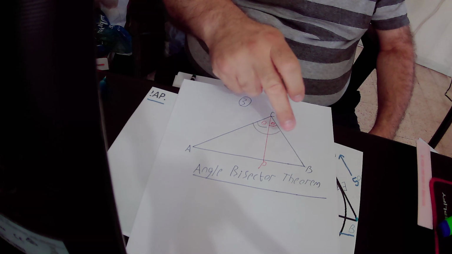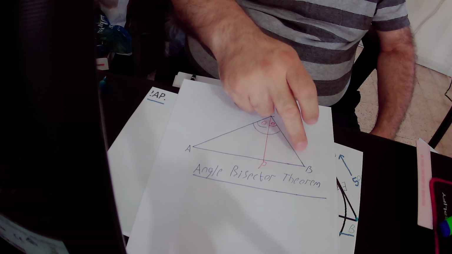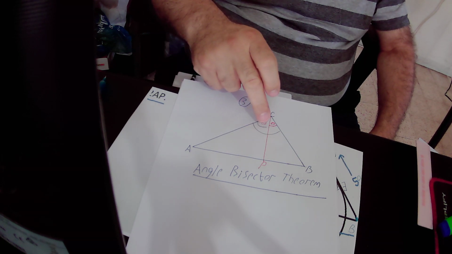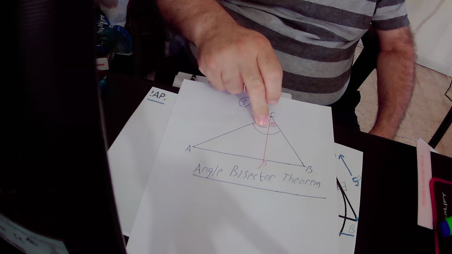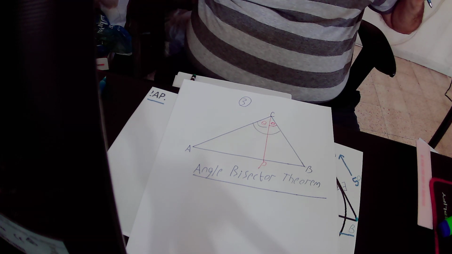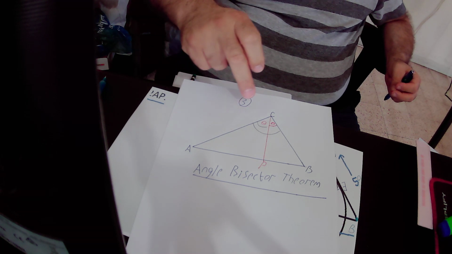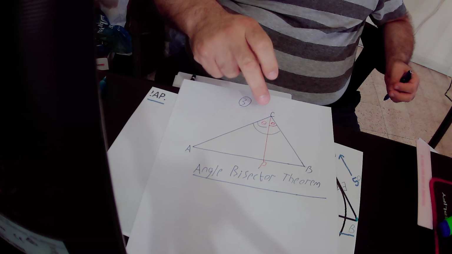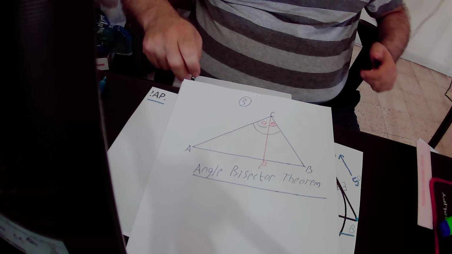It divides it into angle BCP, that is theta, and the other half, angle ACP, is also theta. So because CP divides angle ACB into two equal angles, it's defined as an angle bisector.